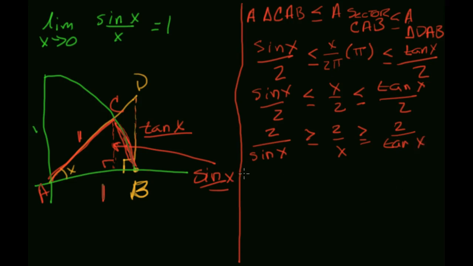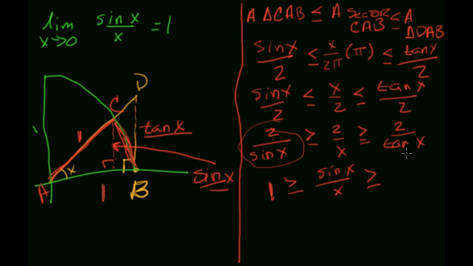Okay, if I multiply through by sine of x over x, so I'm going to multiply through by the reciprocal of this, that's going to make this 1. Multiplying through by sine of x over 2, the 2's are going to cancel.